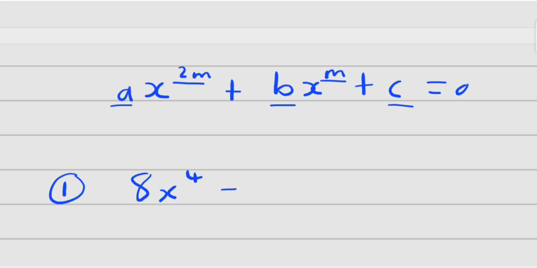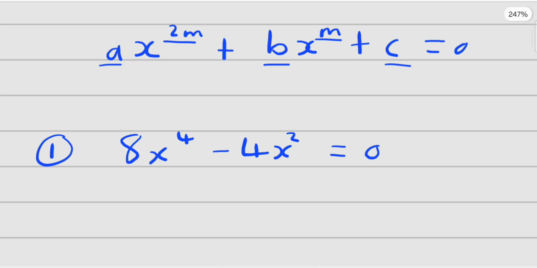8x to the 4 minus 4x squared is equal to 0. So just by looking at this, it looks impossible to work out, right? But just remember that equations like these are what we call disguised quadratics, right? And by that I mean we can use our simple quadratics to solve these, right?